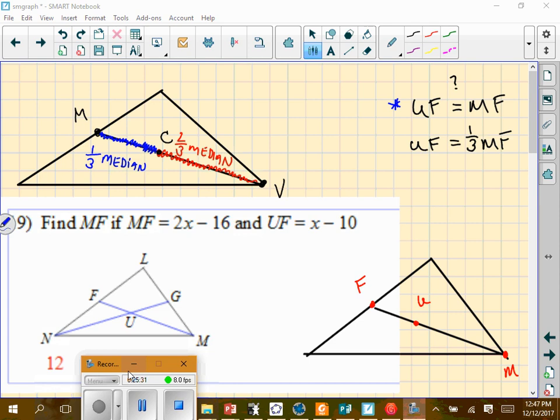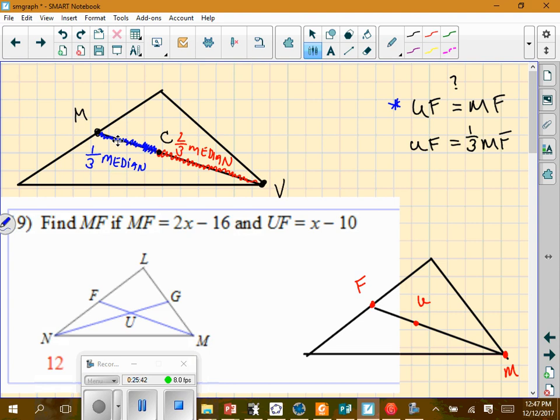Yeah. So we know we want to relate UF and MF. We want to somehow make these two things equal. Well, UF is the smaller portion. We know it's the portion that relates from the centroid to the midpoint. So we know we're going to use 1/3. So say UF is 1/3 of the entire median being MF.